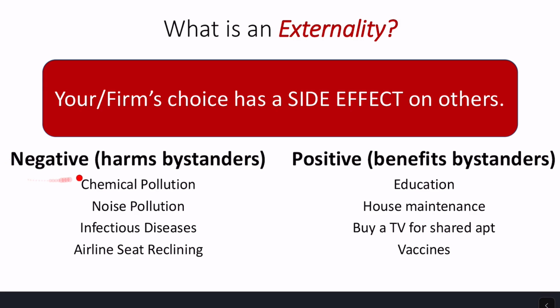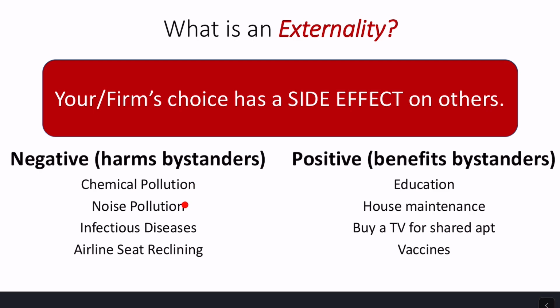So we have negative externalities and positive externalities. Negative externalities are going to be harming bystanders who are not part of that decision. Their interests are not taken into account. So think about chemical pollution, factories dumping chemical waste into rivers. That's going to go downstream and affect the health of others that were not part of that decision of whether or not to do that.